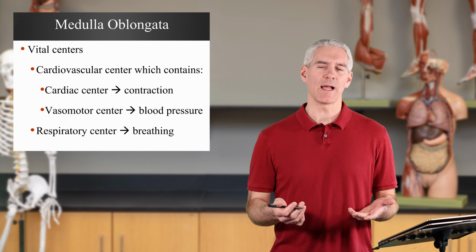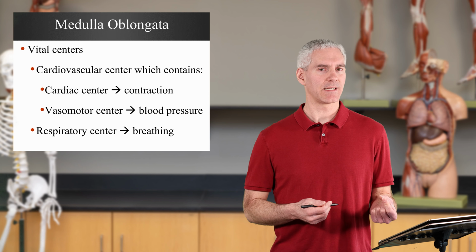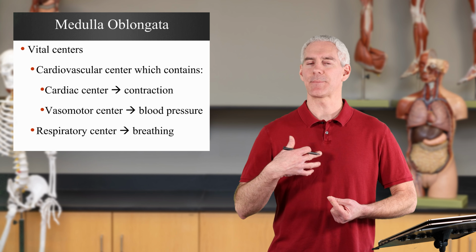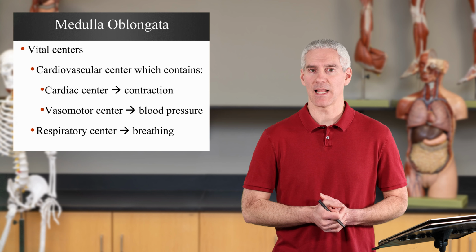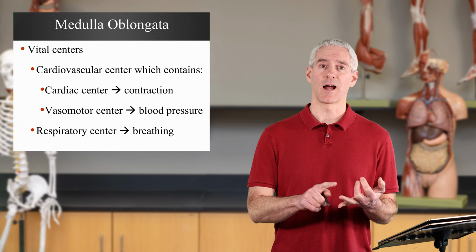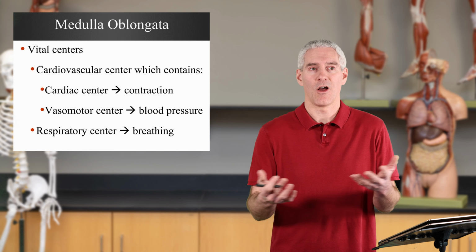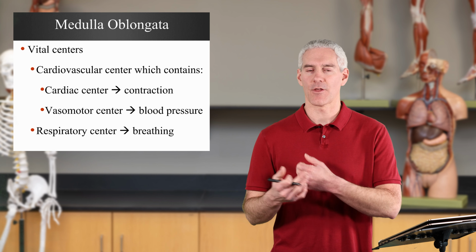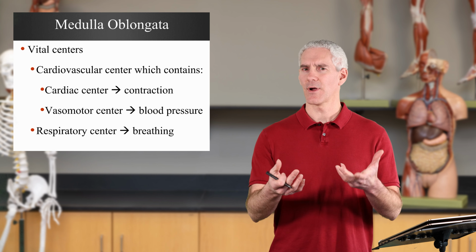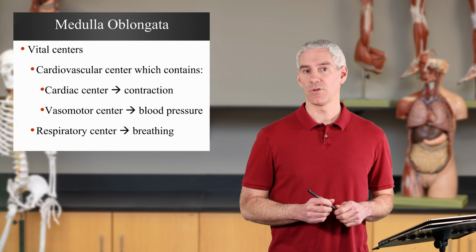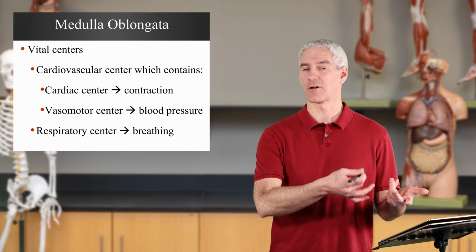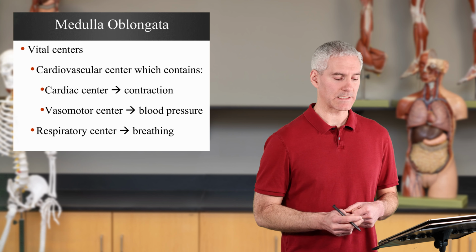That's one of the reasons why a lot of times your brainstem is referred to as the reptilian brain, because it's the same functionality as a reptile would have. Breathing, heart rate, blood flow, pressure, all these things are needed for survival. So the brainstem is our basic functionality. And we're looking at the medulla oblongata as far as cardiovascular center and respiratory center.